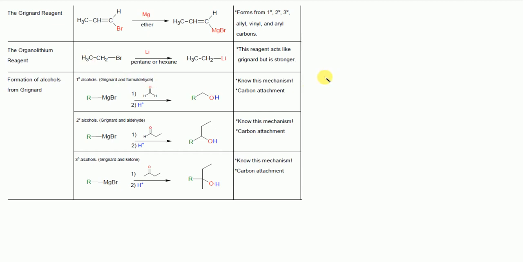So if I have, let me draw something nicer, let's say I have this molecule, and let's say I reacted this with Mg and ether. This would essentially make this.